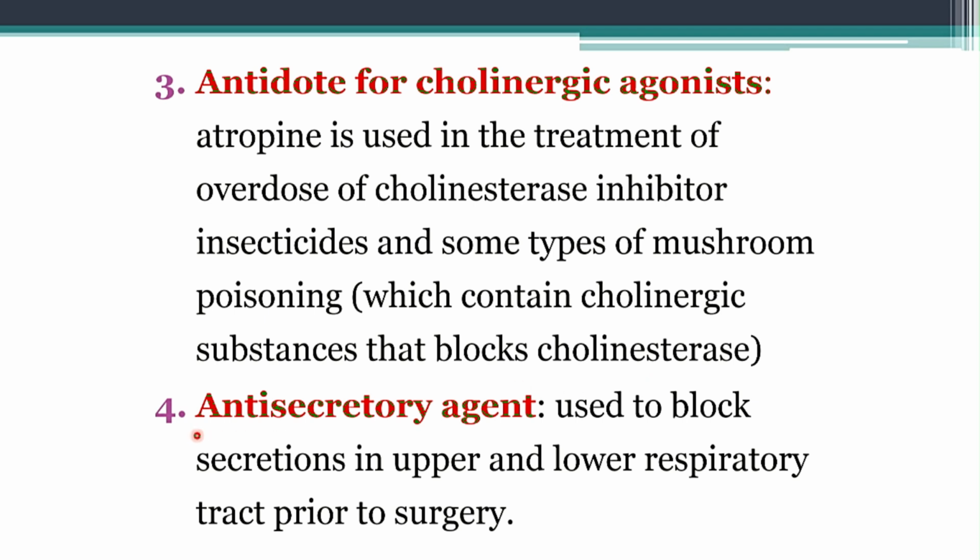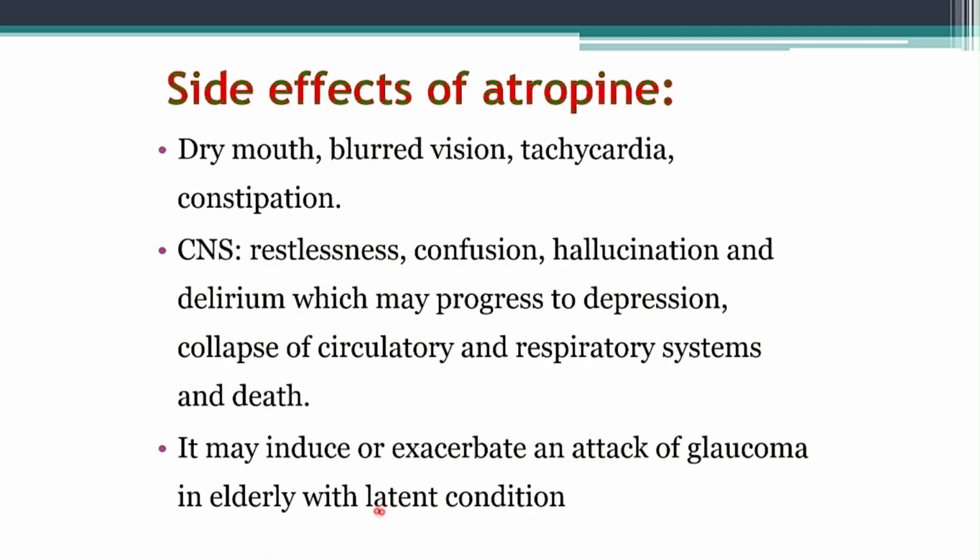The fourth use: anti-secretory agent. It is used to block secretions in the upper and lower respiratory tract prior to surgery. Side effects of atropine: dry mouth, blurred vision, tachycardia, constipation.